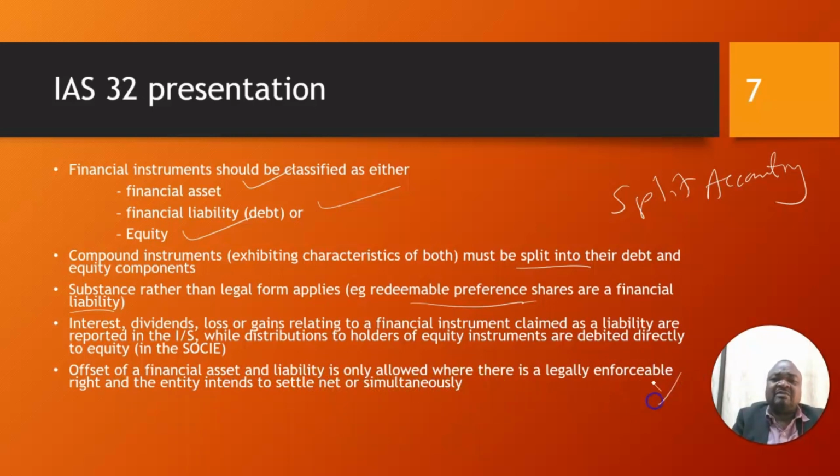This one usually comes up in main exam situations where accountants are being pressurized to offset assets and liabilities with a certain motive, perhaps to reduce the gearing. But such actions are not allowed unless there is some legal right to do so.